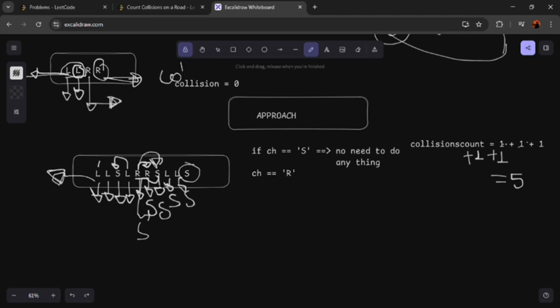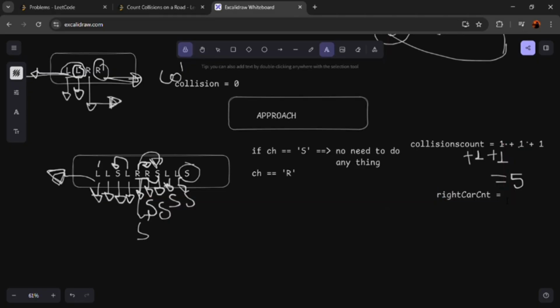So we have to make sure to take the right car count, so that we can directly add it to the collision count, because this car will collide after the collision of these two cars. Okay, that's why I take the right count.